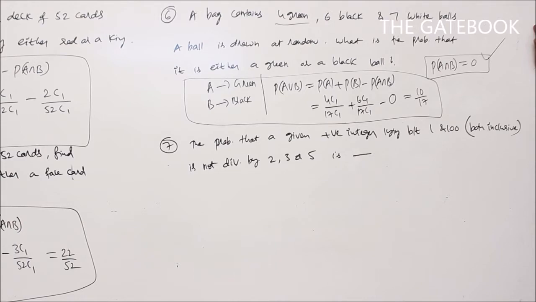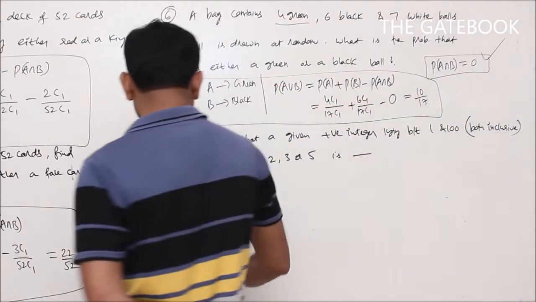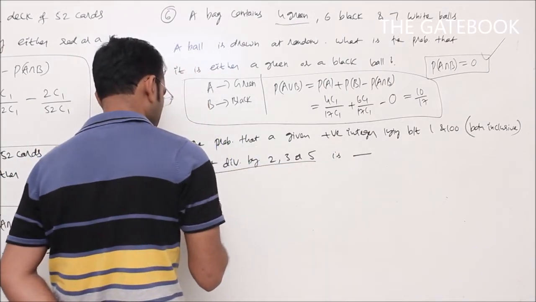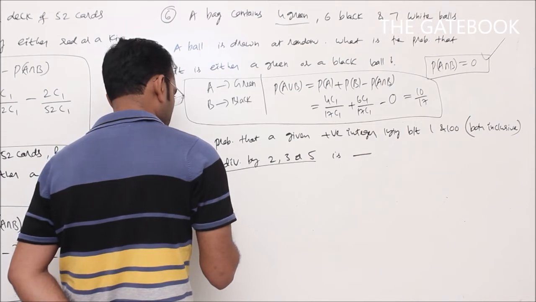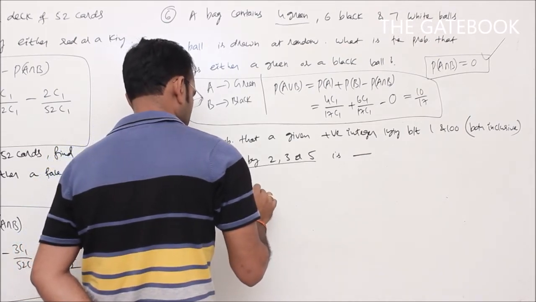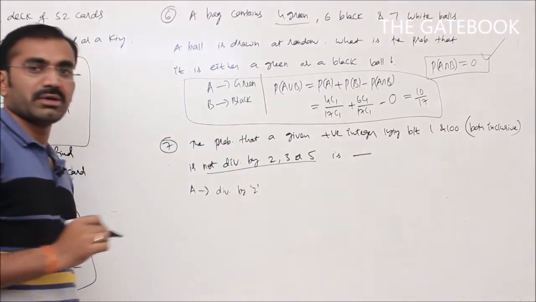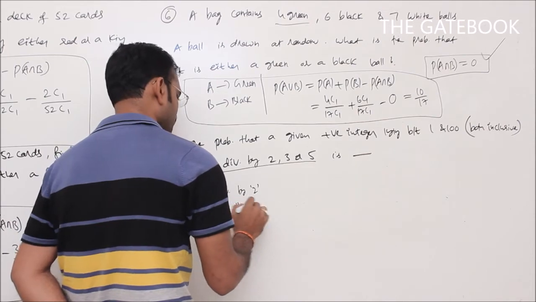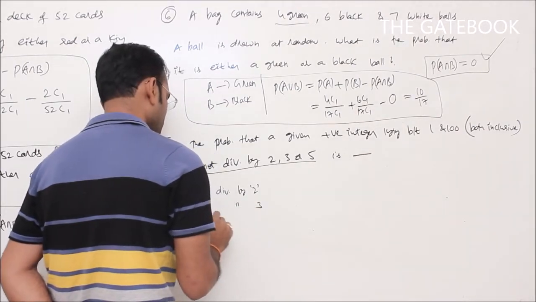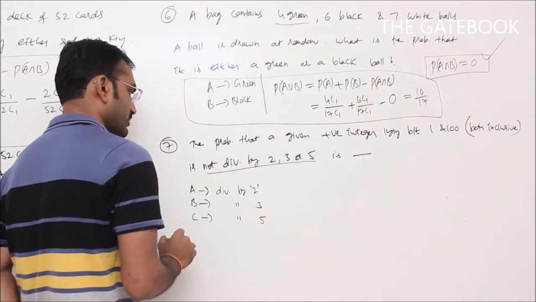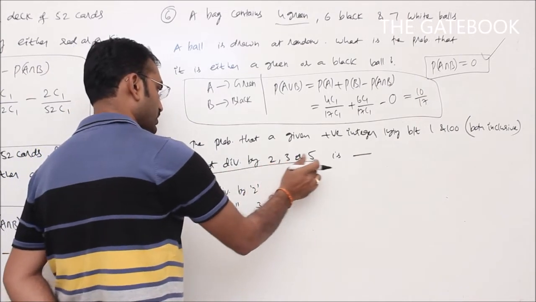Not divisible by 2 or 3 or 5 means, let's see here, let A be the event that the number is divisible by 2, let B be the event that the number is divisible by 3, and let C be the event that the number is divisible by 5. Now what is the required probability, not divisible by 2 or 3 or 5?